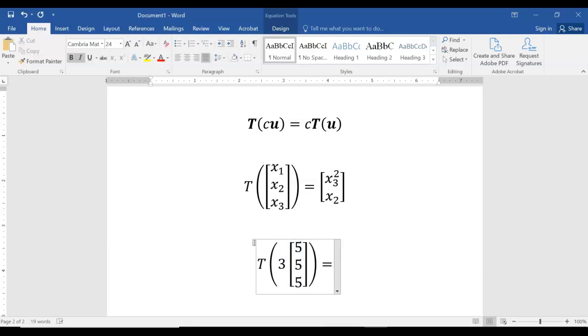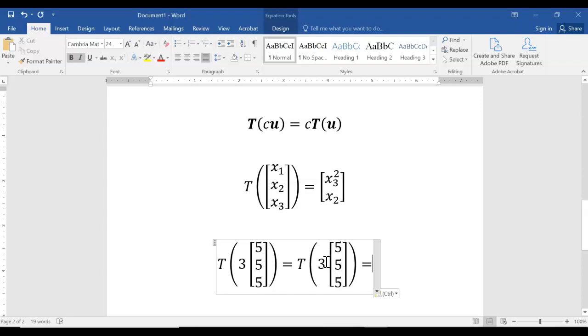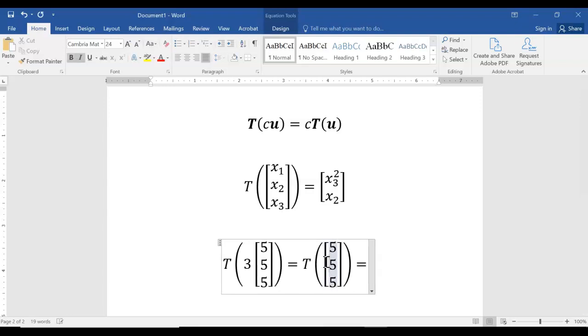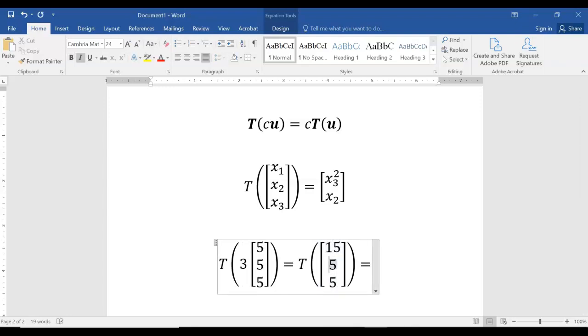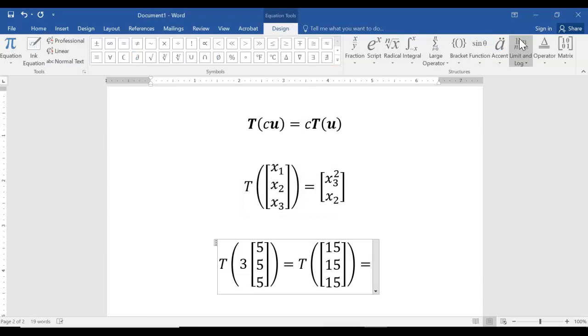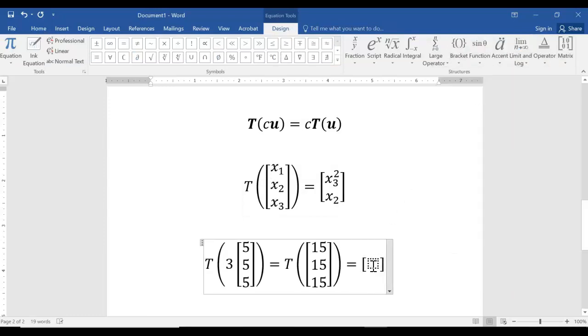Now let's multiply the 3 first and then do the transformation. If I multiply the 3 first, I'm ending up with 15, 15, 15. If I do the transformation, my output is going to be a two-dimensional vector.